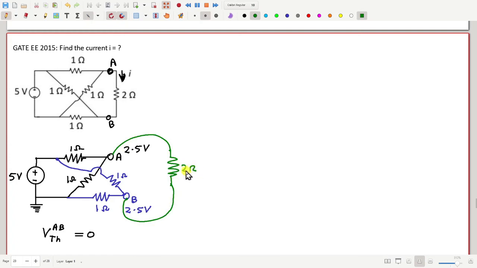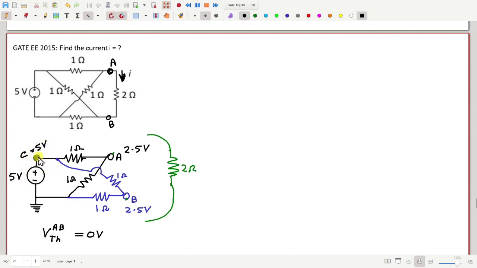So how 2.5? Which one, VA or VB? Okay, fine. Consider this is not there now. Call this point C. How much is C? C is 5 volt.